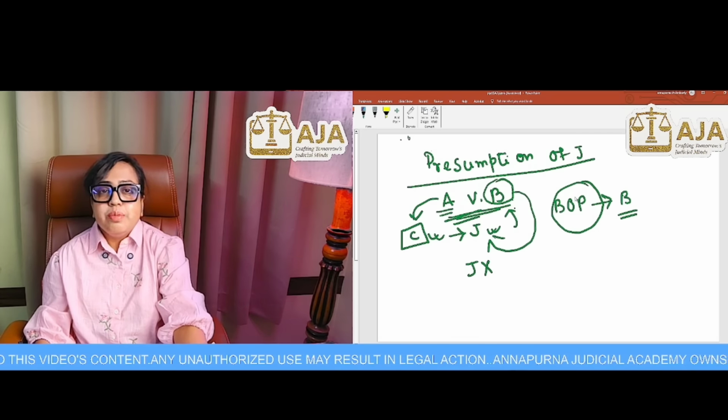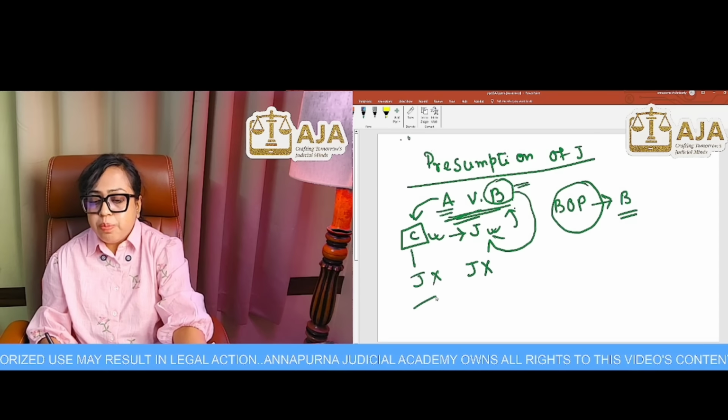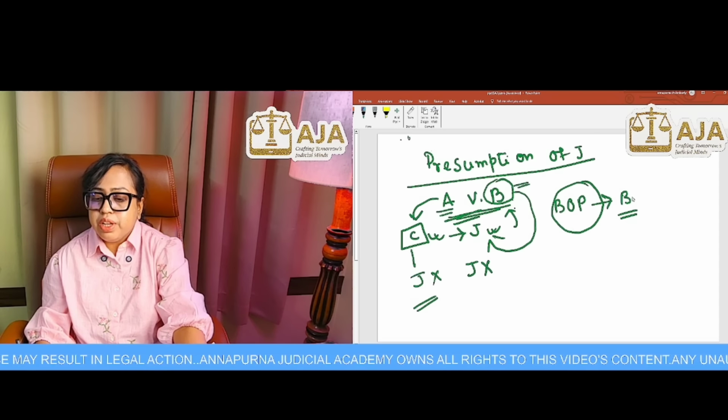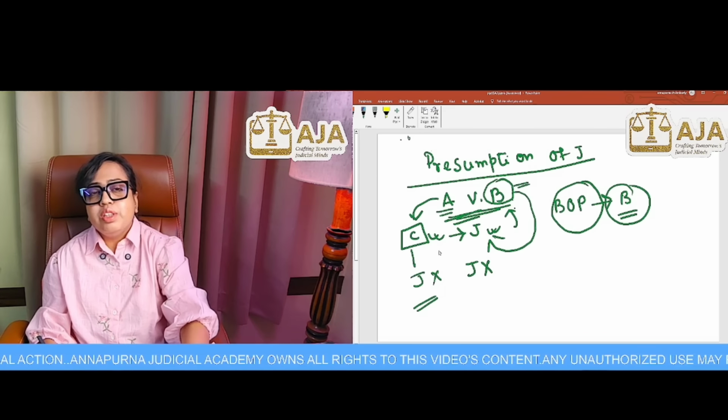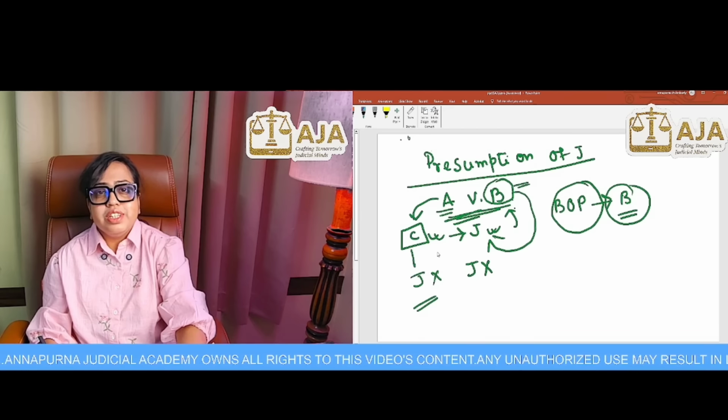Because according to B, this court does not have jurisdiction. So, burden of proof will lie upon B to prove how this court does not have the jurisdiction.